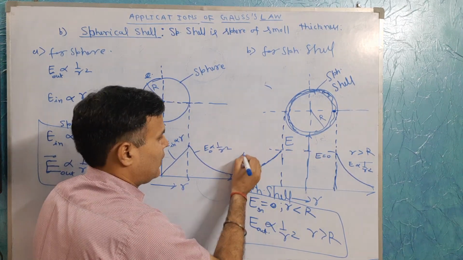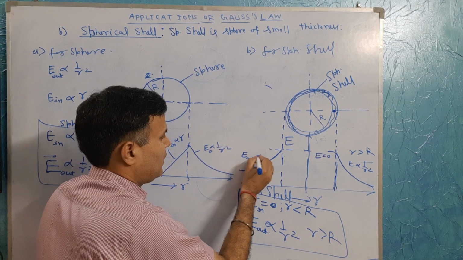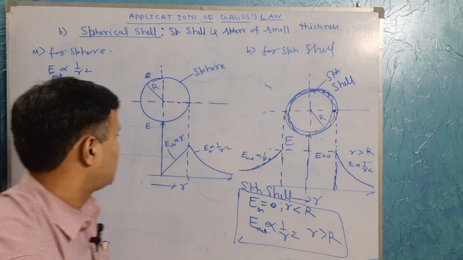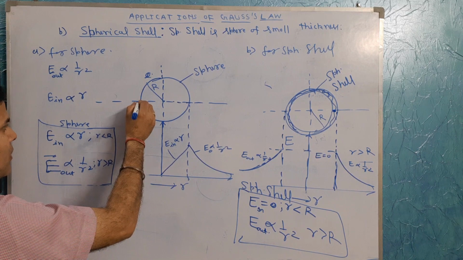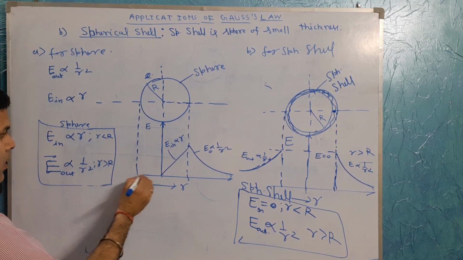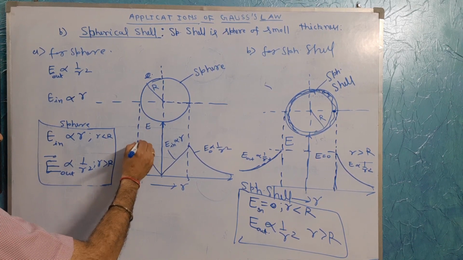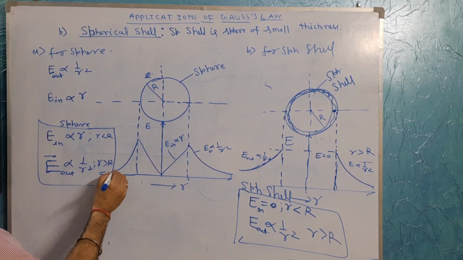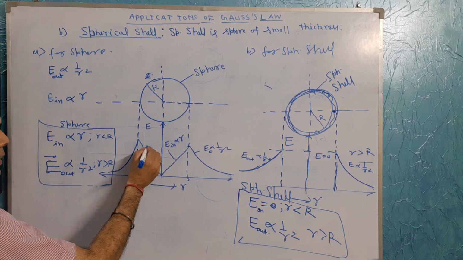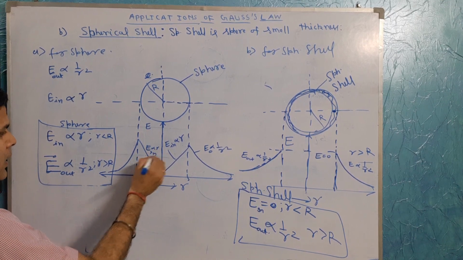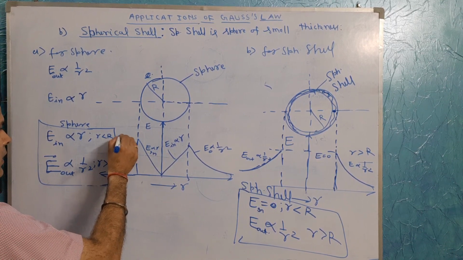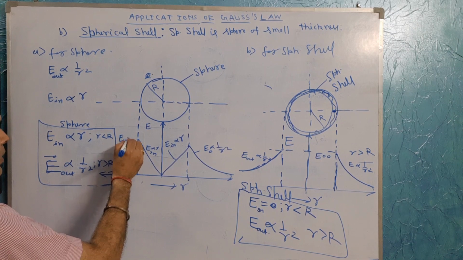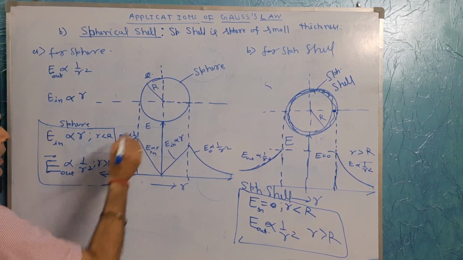again E outside is proportional to 1 by r square. We can draw it simply here. So electric field is this one, and this is E inside proportional to r, and this is E outside, which is proportional to 1 by r square.